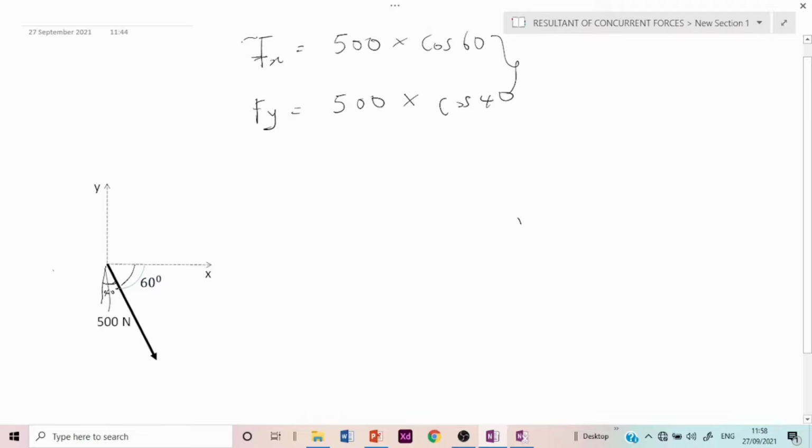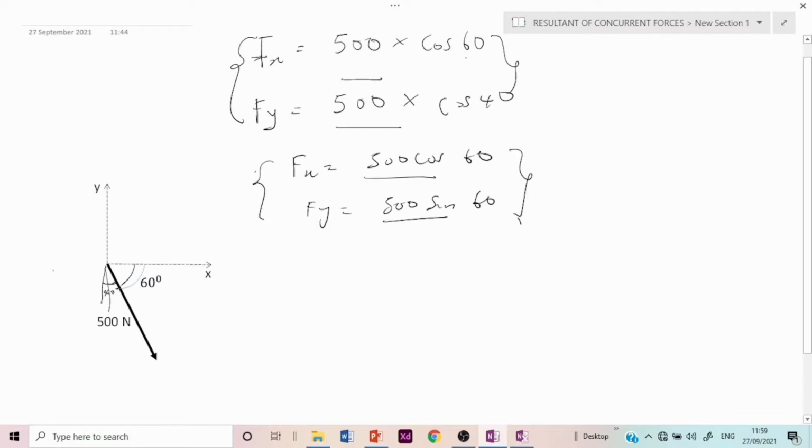Alternatively, one can say that Fx is equal to 500 cosine of the angle it's making with that particular axis, while Fy is equal to 500 times sine of that same angle. Fx is equal to 500 times cos 60, and that will be 250 Newtons.